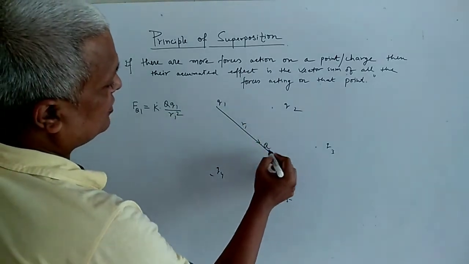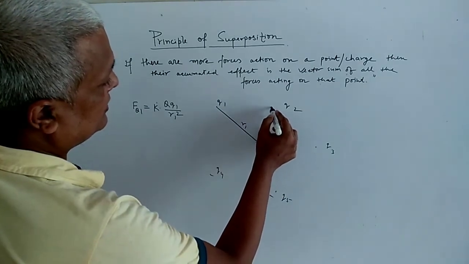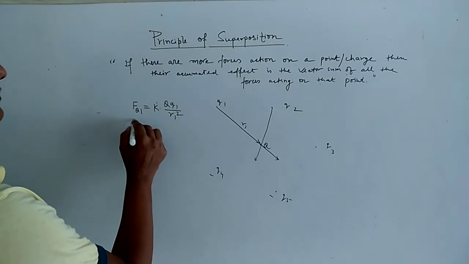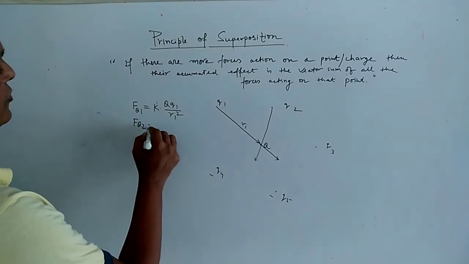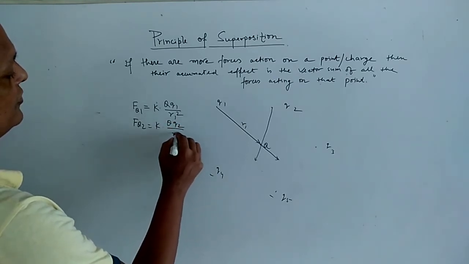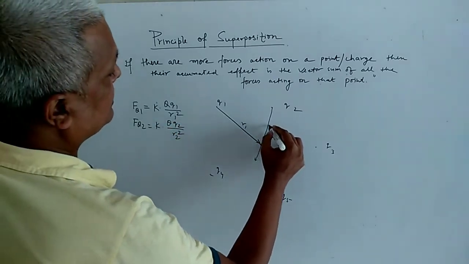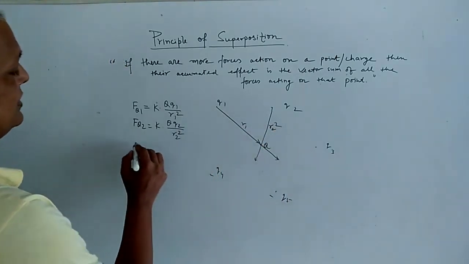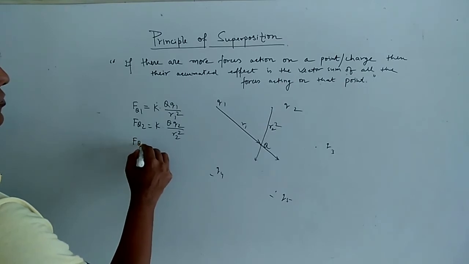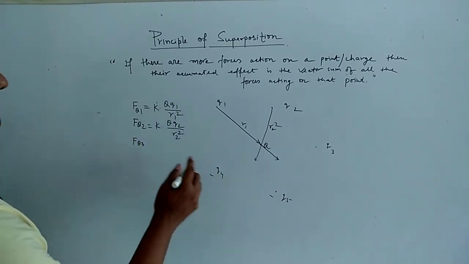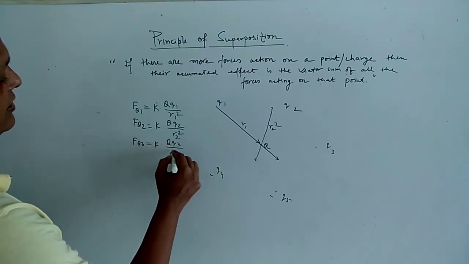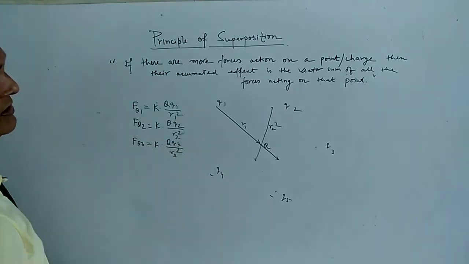In the same way, the force on this Q due to this charge will be F Q2 is K times Q2 over R2 square. This is my R2. Similarly, the force due to Q3 will be K times Q3 over R3 square.